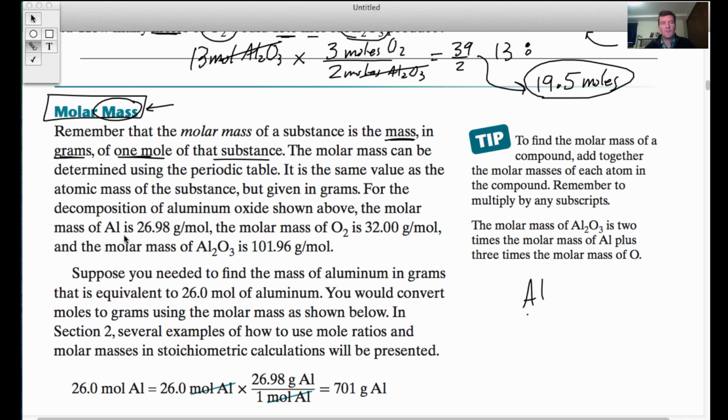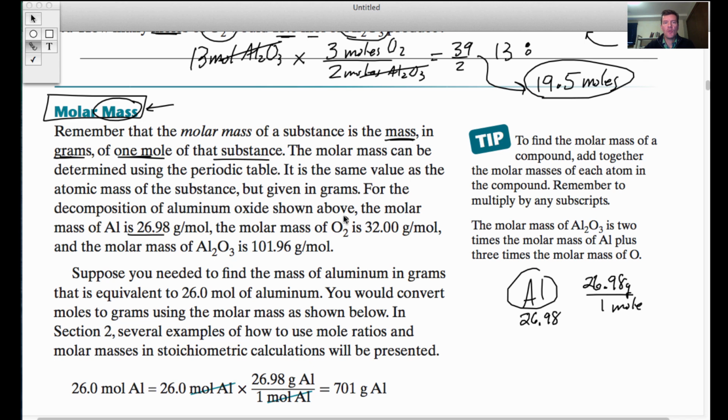So right under the symbol for aluminum, for example, you're going to see 26.98. Now if you say the units are grams, 26.98 grams is going to be the mass for 1 mole of aluminum. 6.022 times 10 to the 23rd atoms of aluminum are going to have a mass of 26.98 grams.